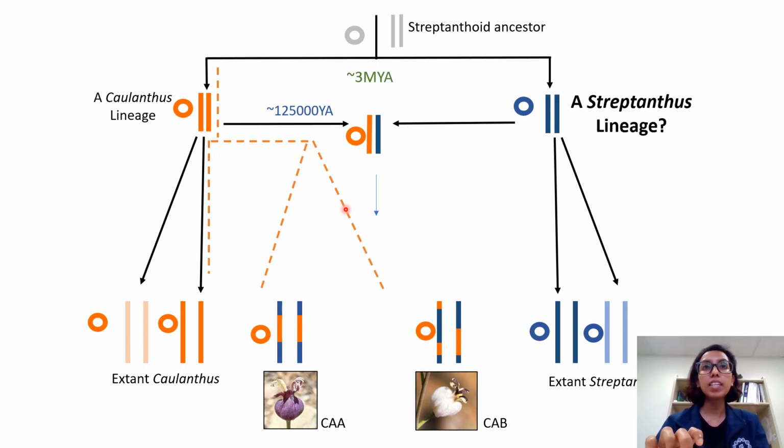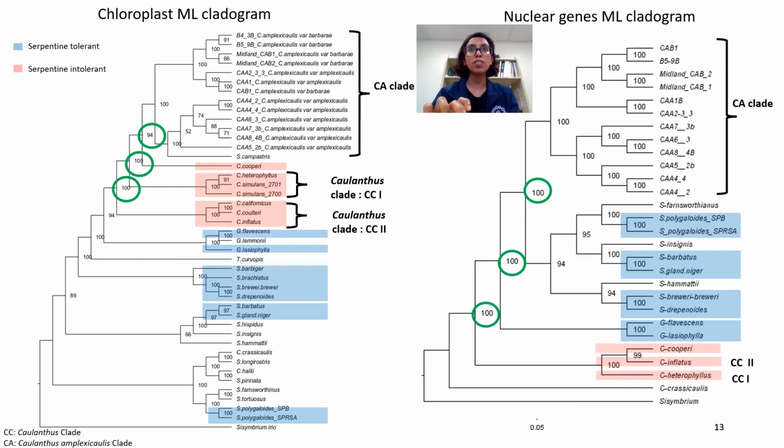If the maternal lineage is the serpentine intolerant lineage, then the serpentine alleles in CAB may have come from its paternal lineage, and could that be the Streptanthus lineage? In order to identify the paternal lineage, we need to look at their nuclear data, which is a mosaic of both maternal and paternal genes.